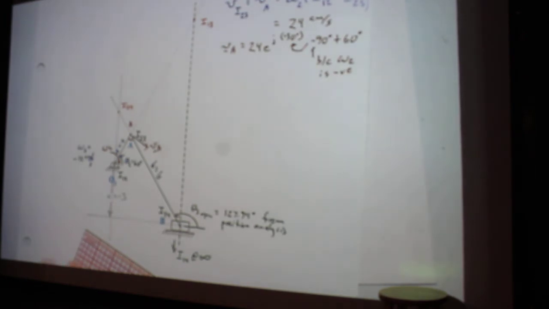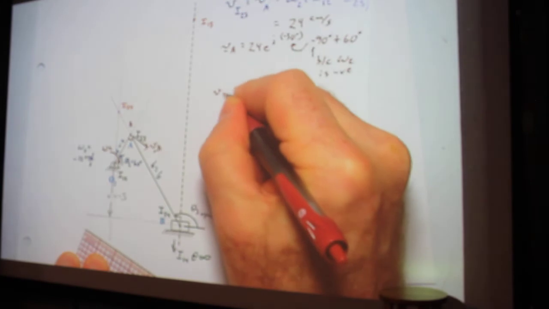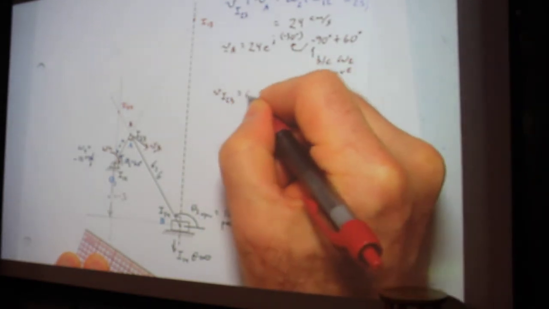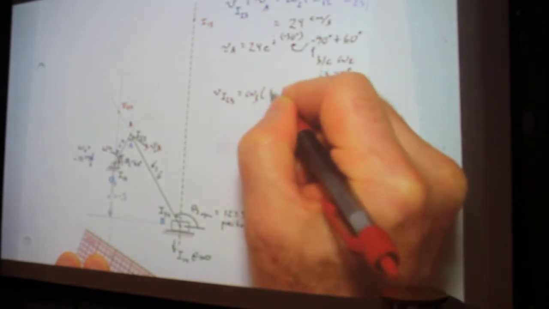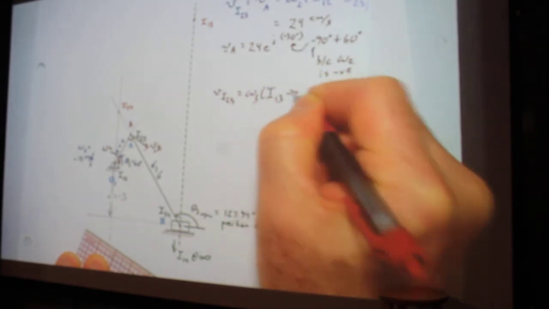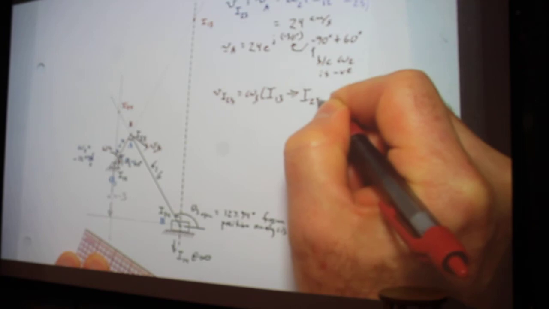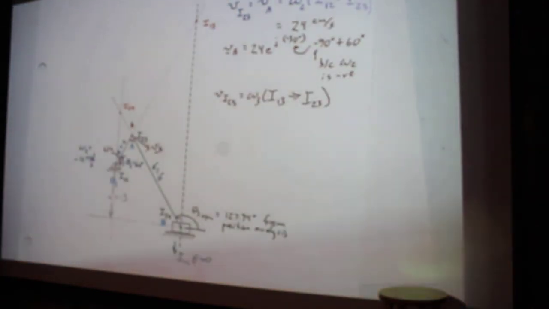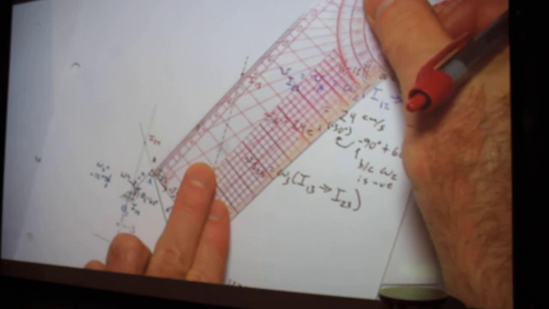Okay. So now we have the velocity of I23. That also equals omega 3 times I13 to I23. So I physically measure this distance here, that distance right there, that is 7.4.